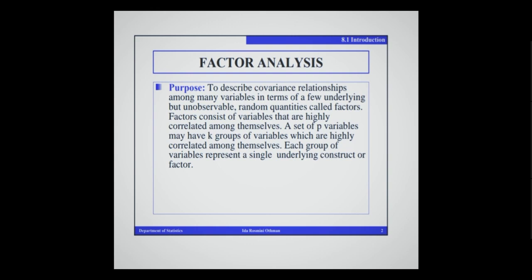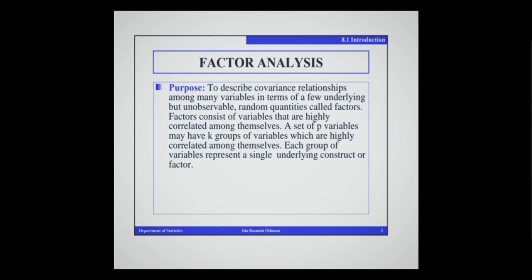Okay, a set of P variables may have K groups of variables which are highly correlated among themselves. We have several P variables, then we may groupkan all the variables into K groups. So biasanya K groups ni will be less than the P variables lah. Kita ada banyak, kita akan groupkan dia.